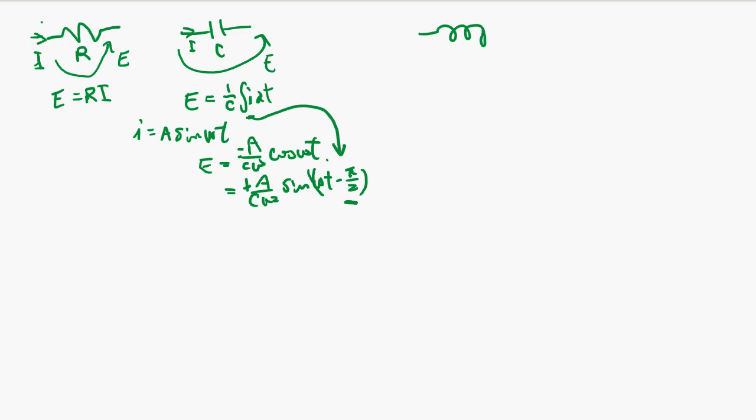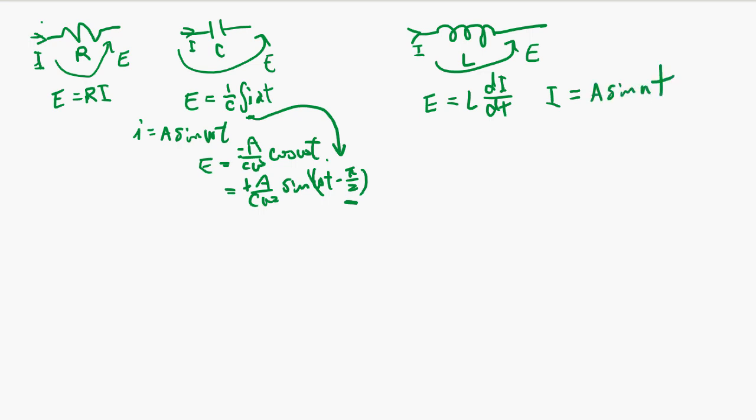Inductance L the same way. E is inductance L di/dt, and if I equals A sine omega t, then E is omega L A cosine omega t.